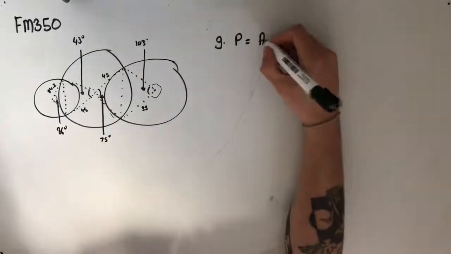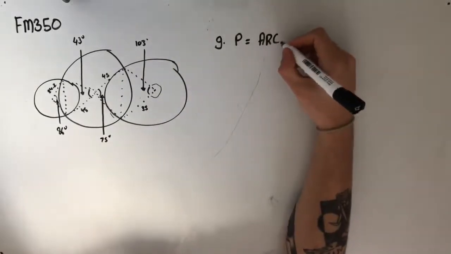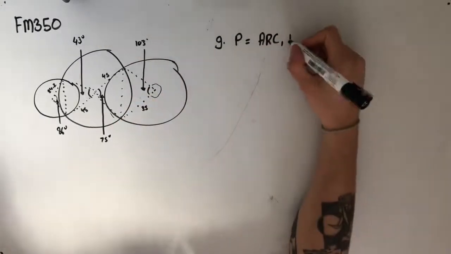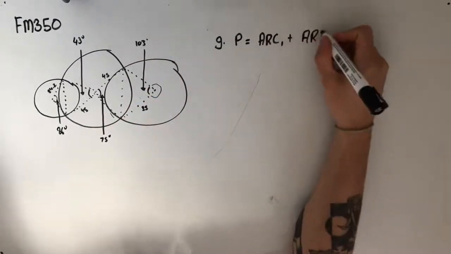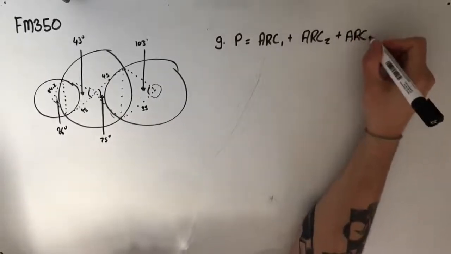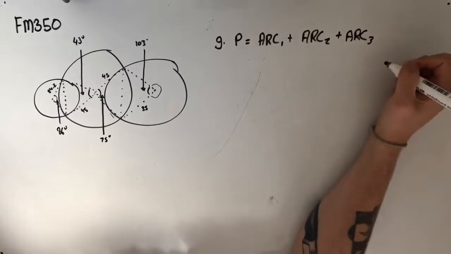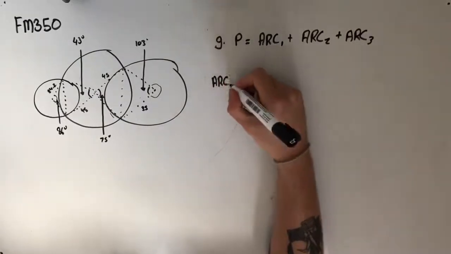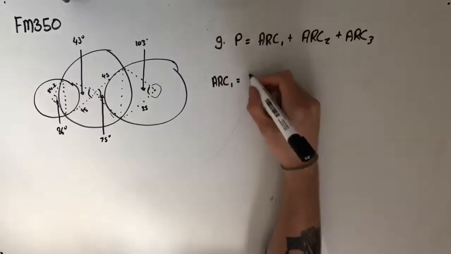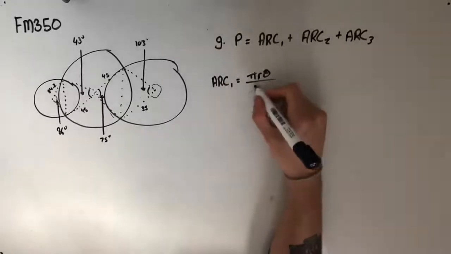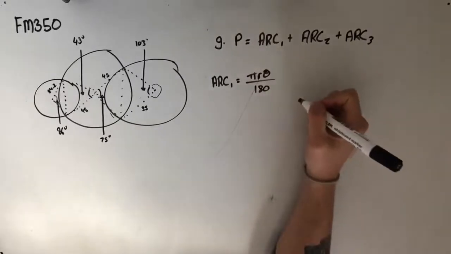So in short, our calculation is going to be the arc length of the first circle plus the arc length of the second circle plus the arc length of the third circle. To calculate the arc of the first circle, our formula is going to be pi r theta over 180.